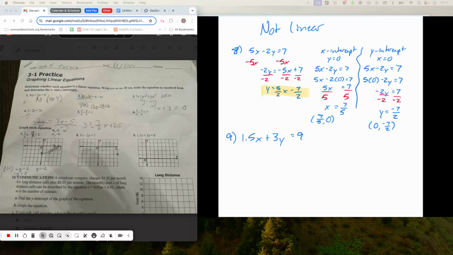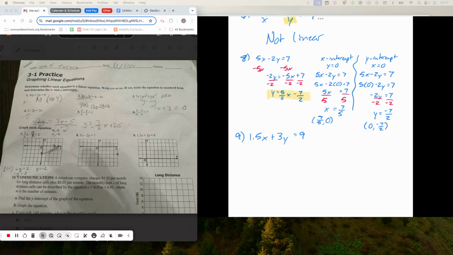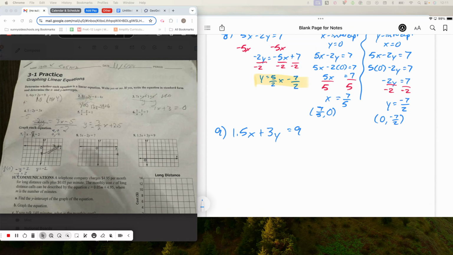The other piece, again, I never allowed decimals in equations like this, so for my own purposes, I'm going to convert that decimal later. But let's go ahead and solve for y, so we can have this in slope-intercept form. We would have 3y is equal to negative 1.5x plus 9.